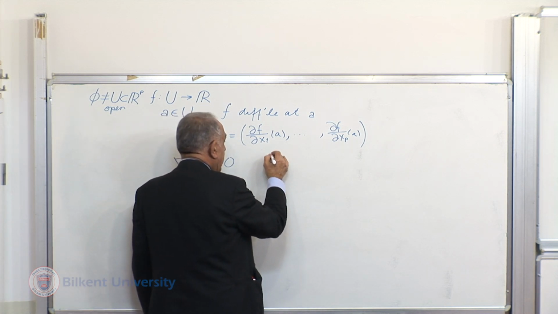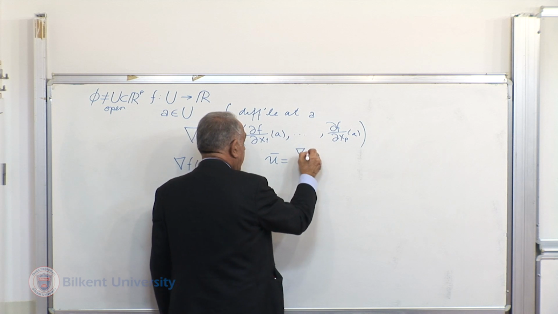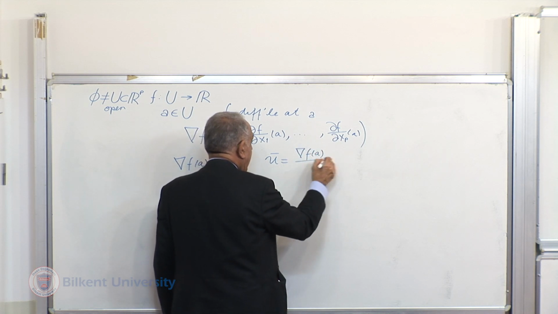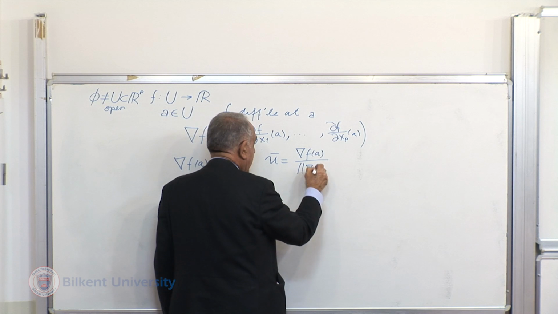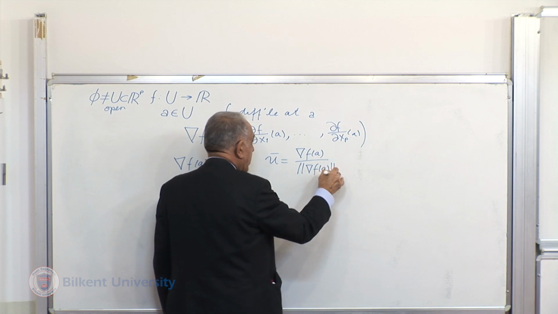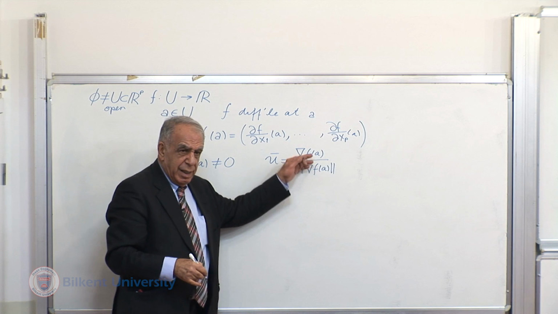Now U bar is given as the gradient divided by its norm. So you make this, okay?